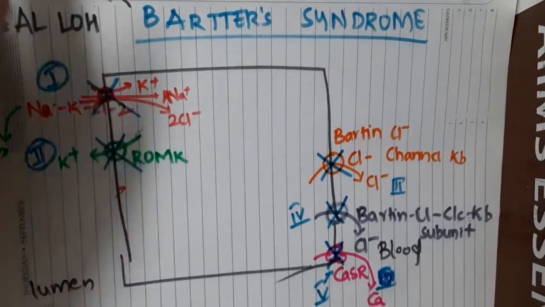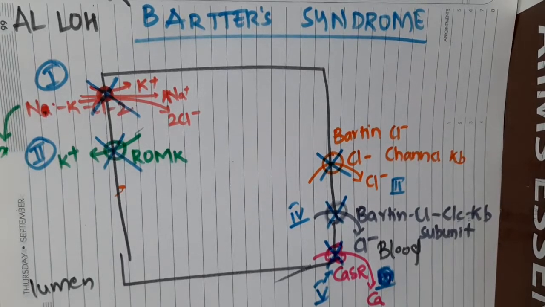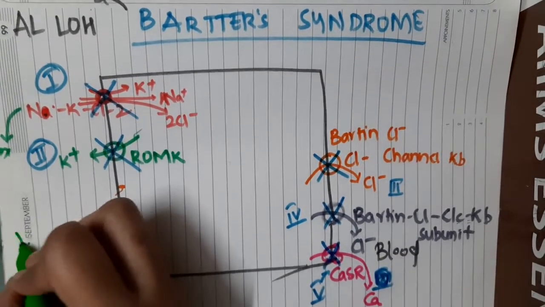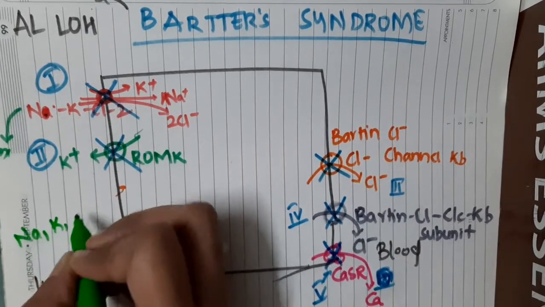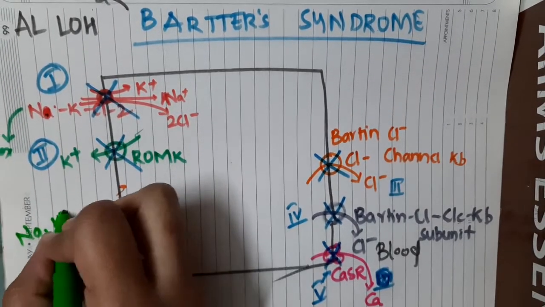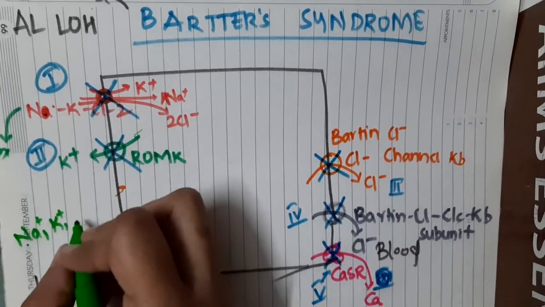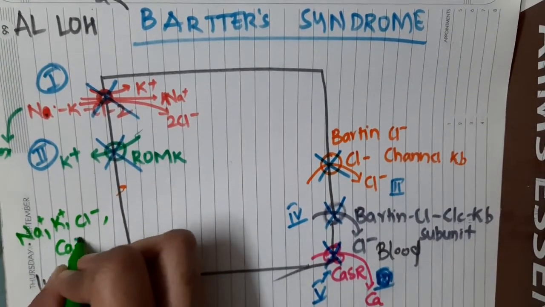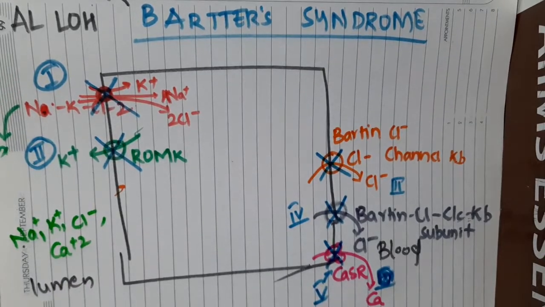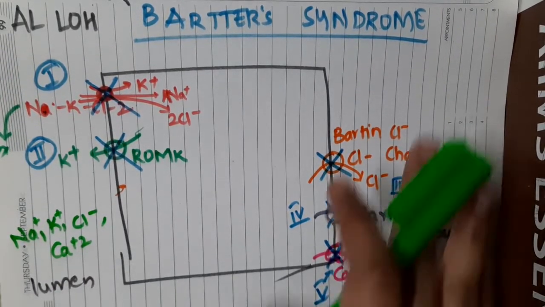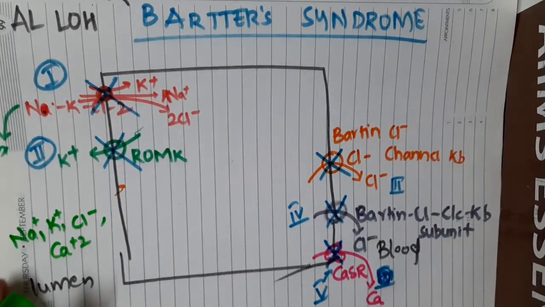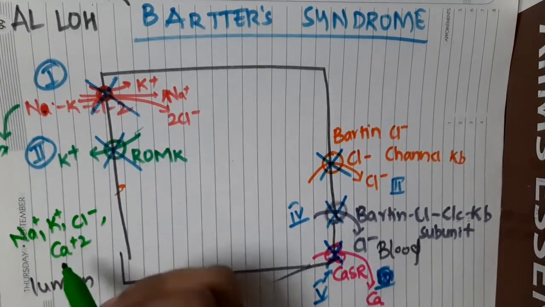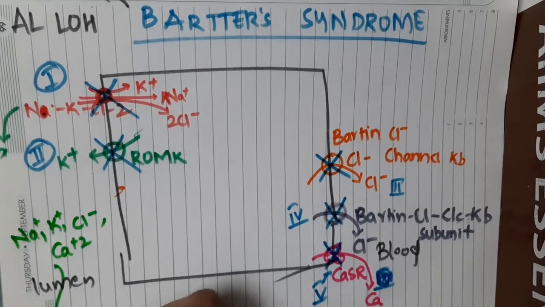Because of this Bartter syndrome, what ions are lost in the urine? Sodium and potassium are not reabsorbed, so they are lost in the urine. Chloride is lost in the urine, and also calcium is lost in the urine. So in the urine we have increased sodium, potassium, chloride and calcium.